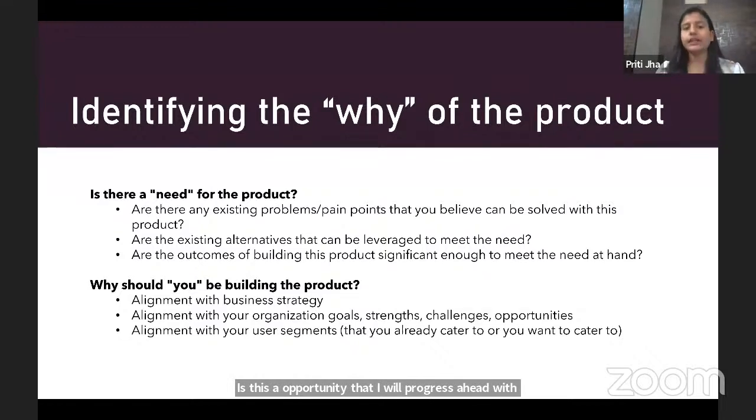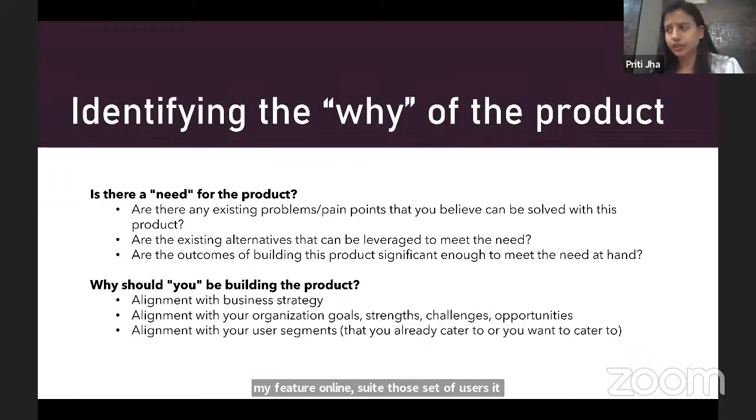And then the alignment with your user segments. Here I wanted to clearly call out that I'm not saying that if I have a certain category of, let's say, 100 users, I'm only going to think about whether my product or my feature aligns with those set of users. It may not be, right?